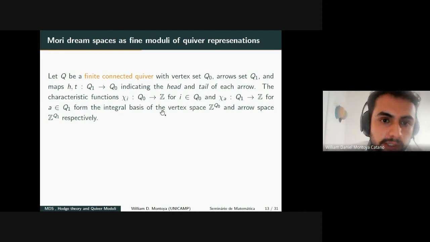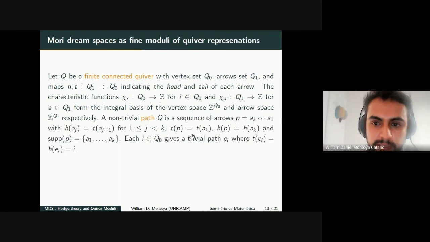Let Q be a finite connected quiver with vertices Q0 and arrows Q1. And these maps only tell what the head and the tail of the arrows are. The characteristic functions are going to form integral bases for the vertex space and the arrow space, respectively.